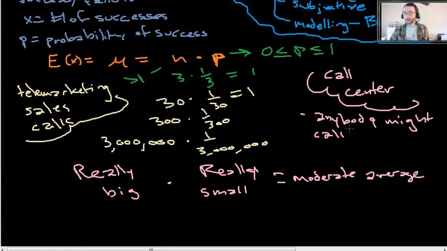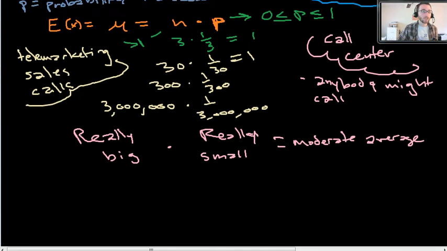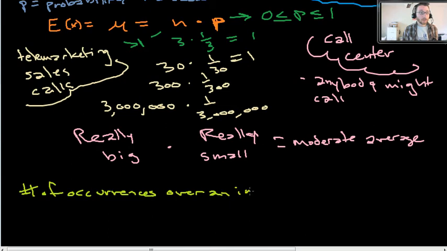From those trials. And so the situation that we look at this in is the number of occurrences over an interval, right? Because the number of occurrences over an interval, assuming that we don't know what the process is that generates these, is a lot like a really large number of Bernoulli trials, each of which has a very small probability of success.